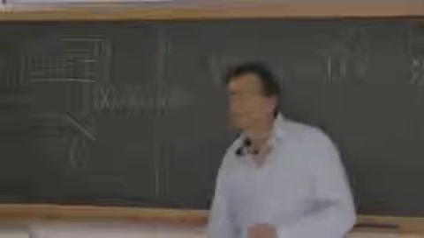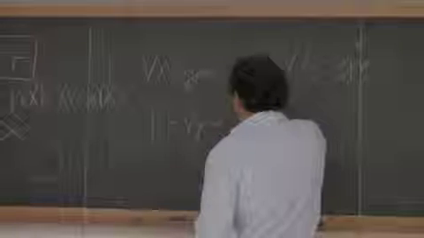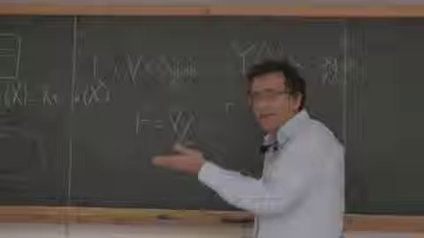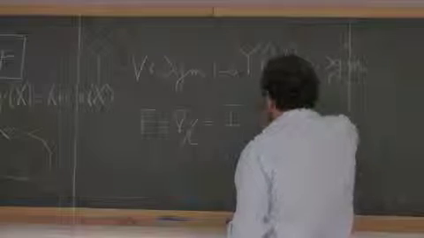So F is equal to grad k. So it is the grad of capital X, which is the identity, plus epsilon grad u.